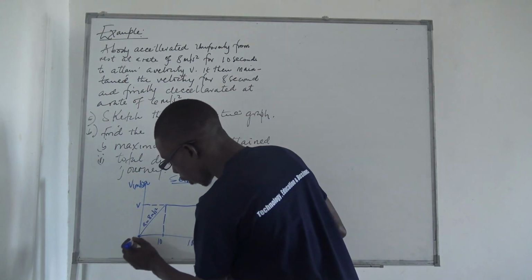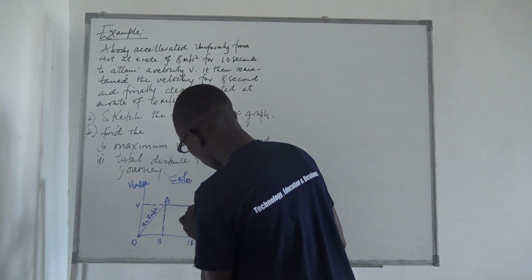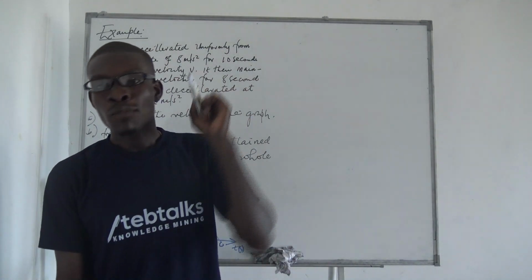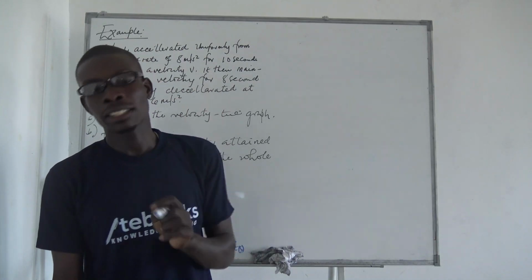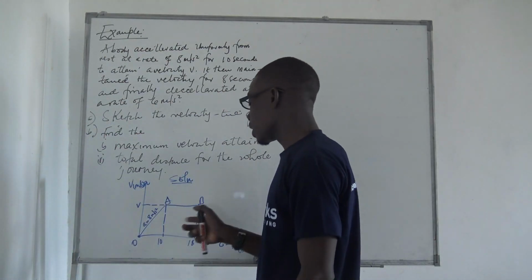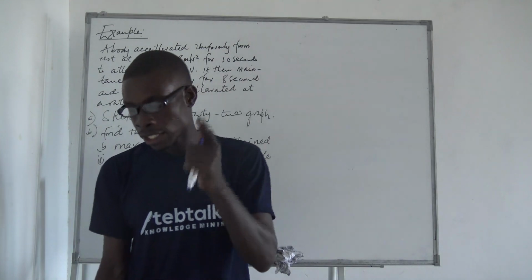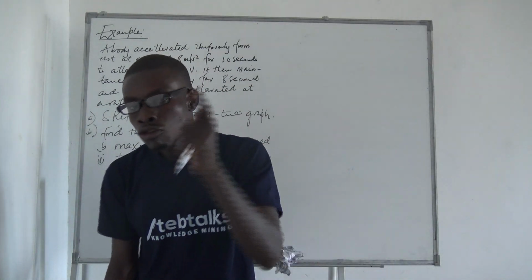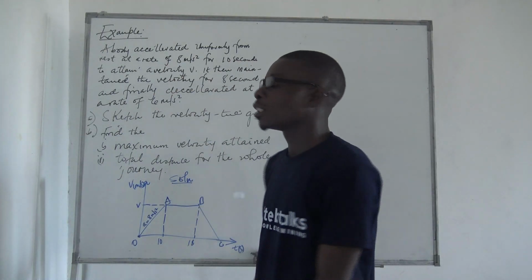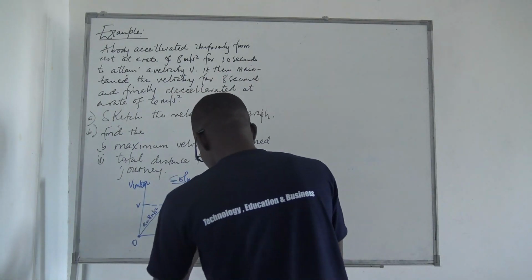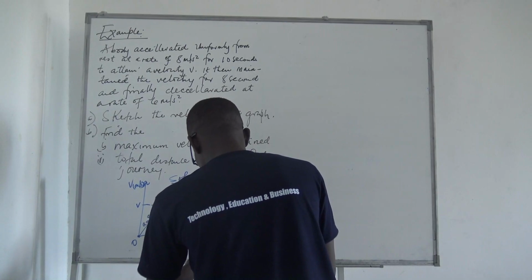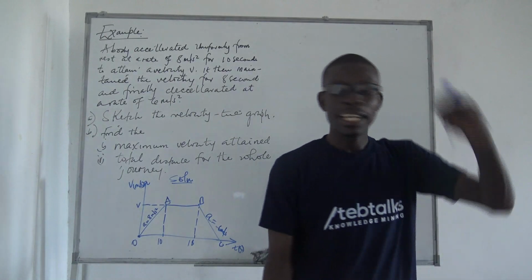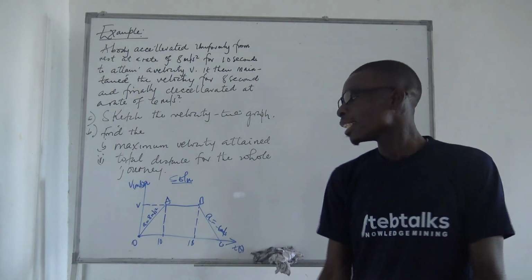This first part, if this is O, and this is A, B, C. In OA, that is uniform acceleration. And then in AB, that is 0 acceleration. And then in BC, that is uniform deceleration. And it has been given to us as a equaling negative, because the graph here has a negative gradient.